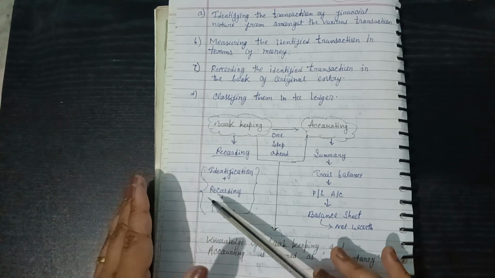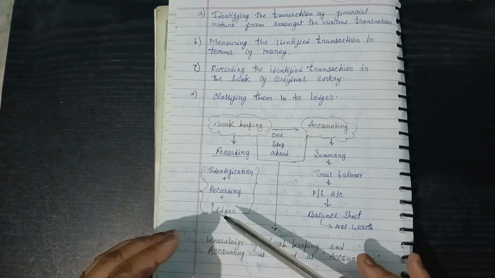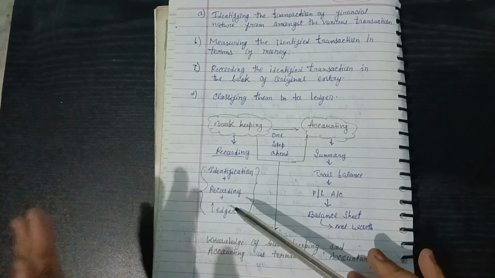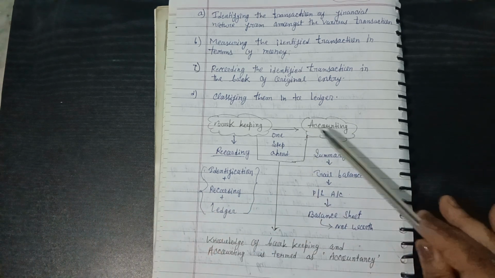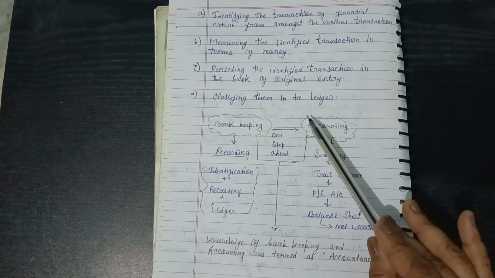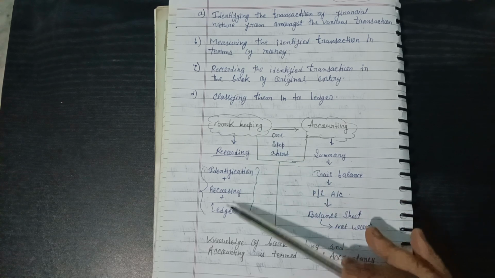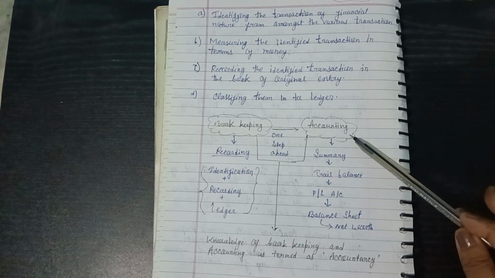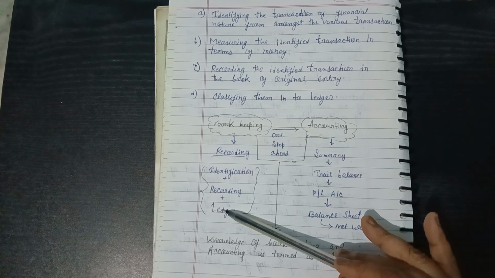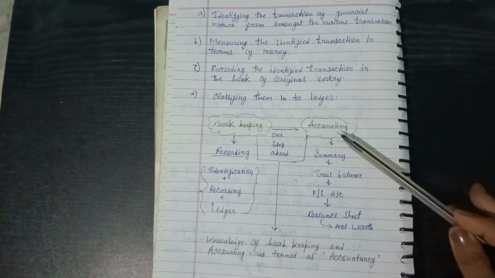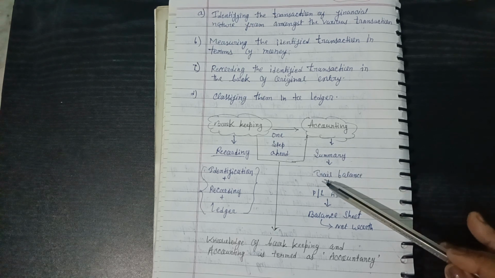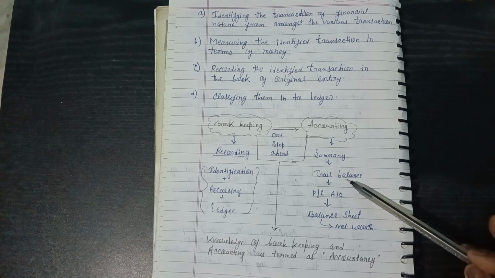To make a separate account to better understand what transactions were done by them. But accounting is one step ahead of bookkeeping. When bookkeeping ends, accounting starts. After creating the ledger, accounting summarizes all the things. How to summarize? Make a trial balance.